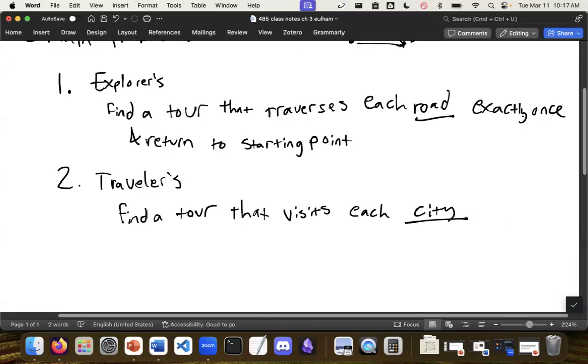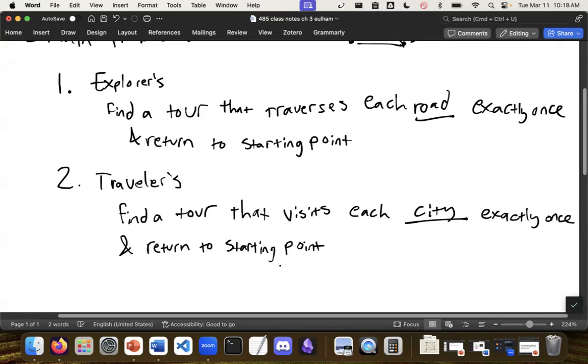And in a similar way, exactly once and return to the starting point. Okay, so that's the goal of the explorer and the traveler.